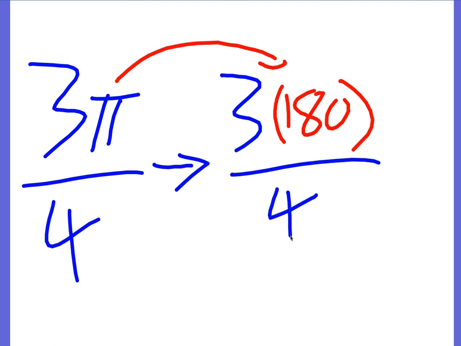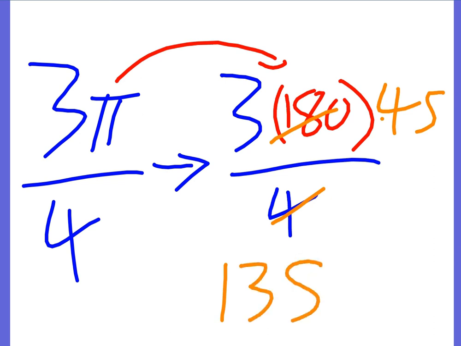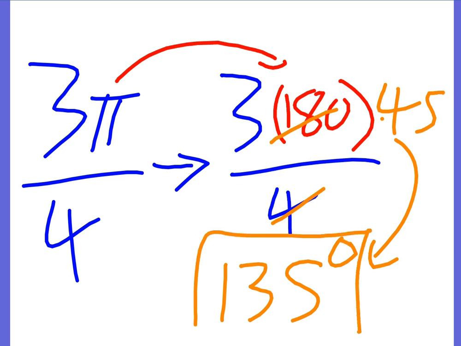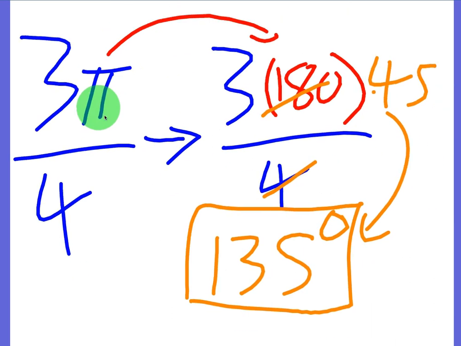Now we can quickly say 180 over 4 equals 45, and 3 times 45 equals 135. That is the shortcut for converting from radians to degrees. Just take your pi and replace it with 180. That's the shortcut, and it works every time. And that's only because pi radians is equal to 180.